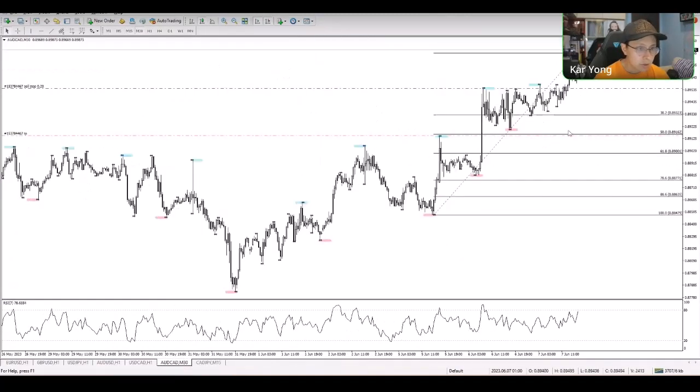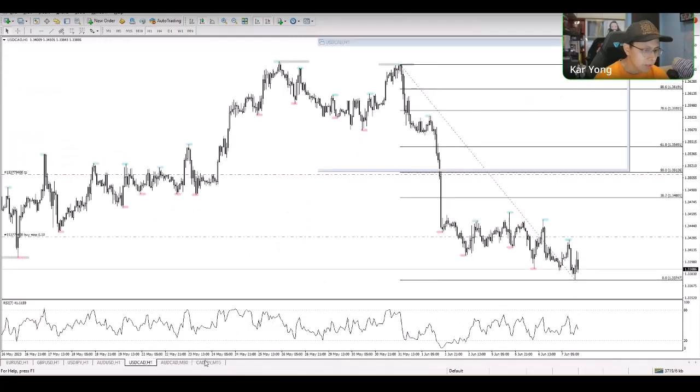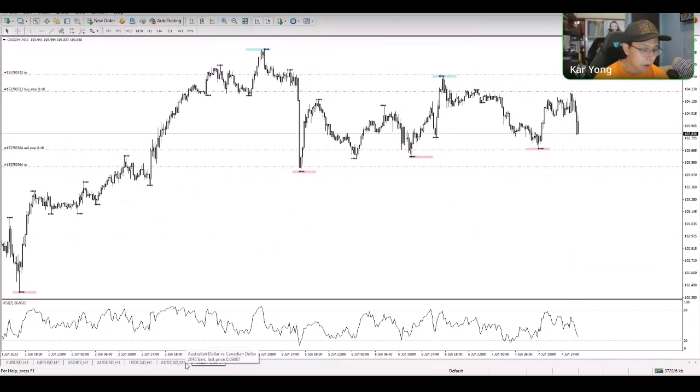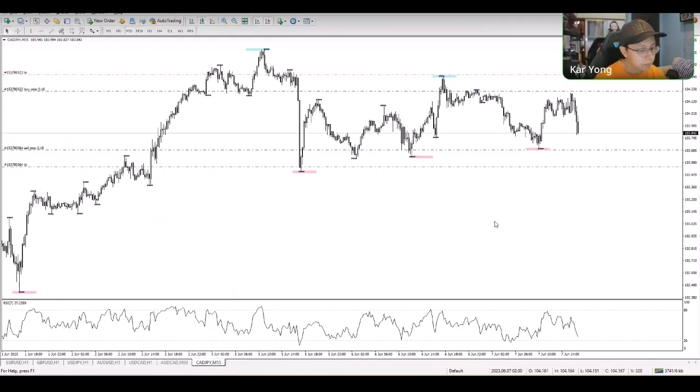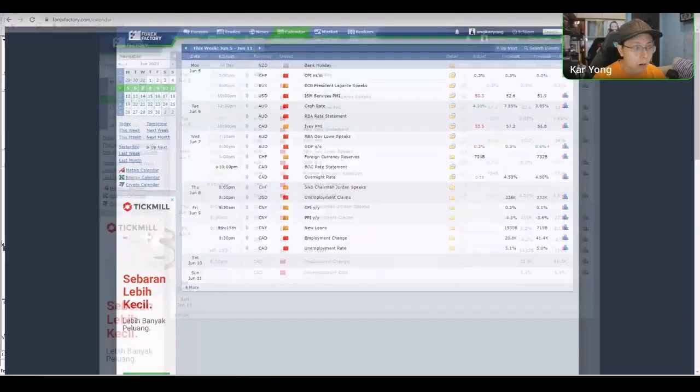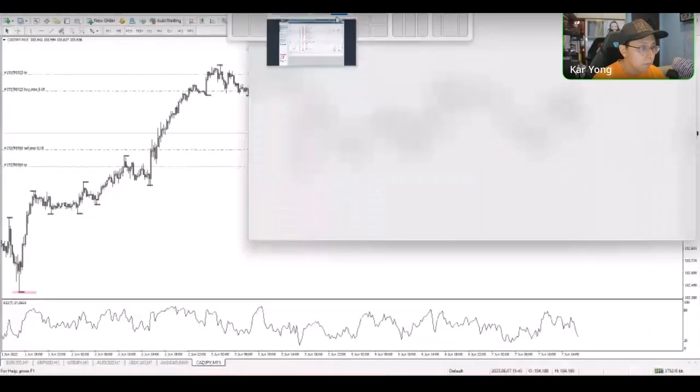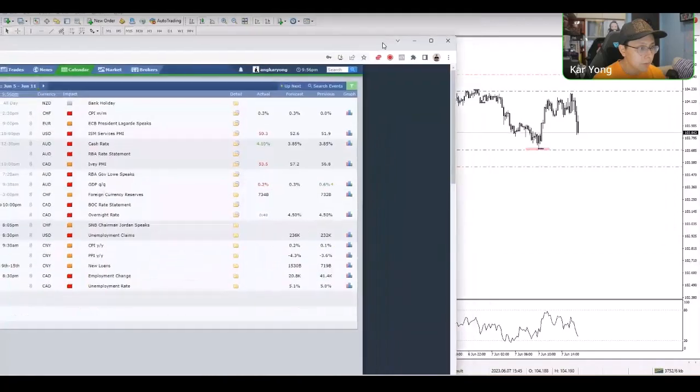I think Aussie is strengthening quite a bit, right? So the CAD is not really the one that's moving much as of now. I think it's the Aussie. Okay, but let's see. Okay, I think we are about a minute in.